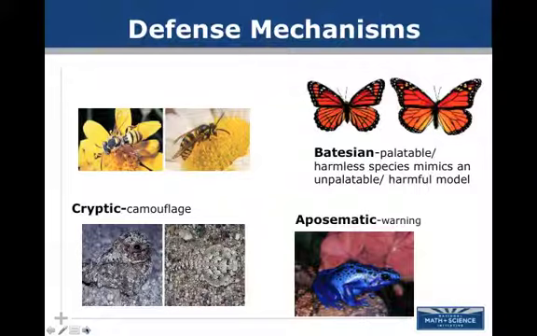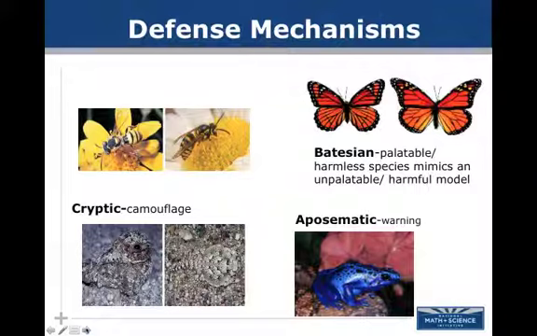And because this blue is its warning color, this aposematic frog is saying, I'm poisonous. You can eat me, but I'm poisonous. We have cryptic camouflage, where organisms are able to blend into the environment with their coloring. We have organisms that look similar, so that even though this bee might not be as bad or poisonous, it looks like the poisonous version.